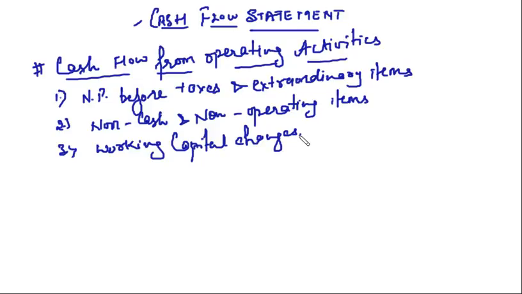These are the major three categories when we are doing cash flow from operating activities. Net profit before taxes and extraordinary items. Second is non-cash and non-operating items. Third is working capital changes.